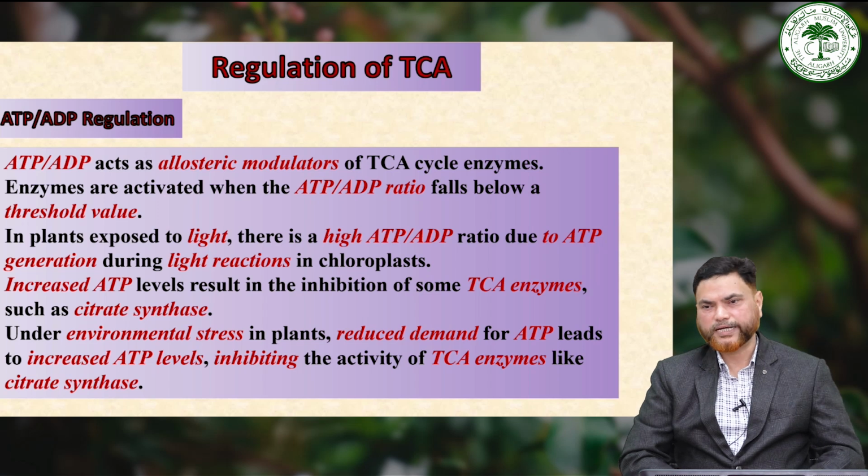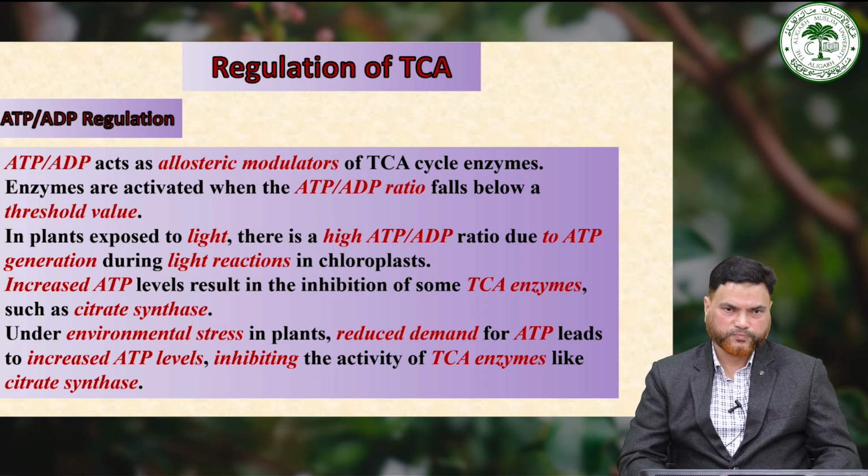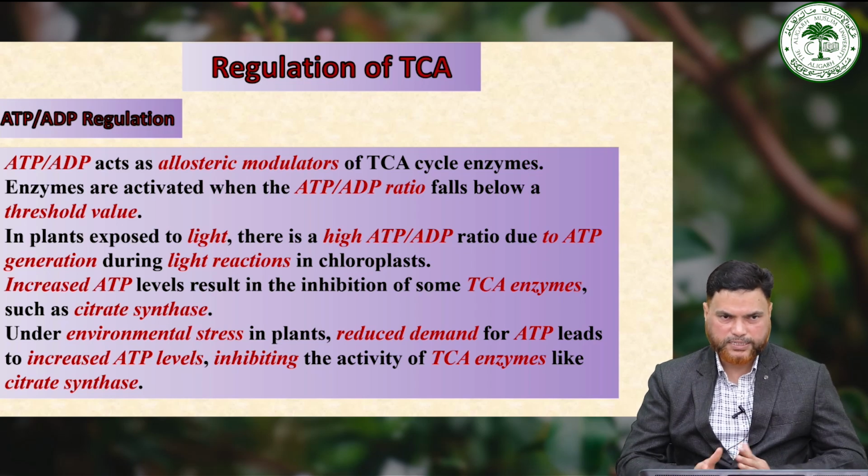Now, how is the TCA cycle regulated? This is also very crucial, like we have discussed for glycolysis. ATP and ADP function as allosteric modulators of TCA cycle enzymes, so the status of ATP and ADP is very important.